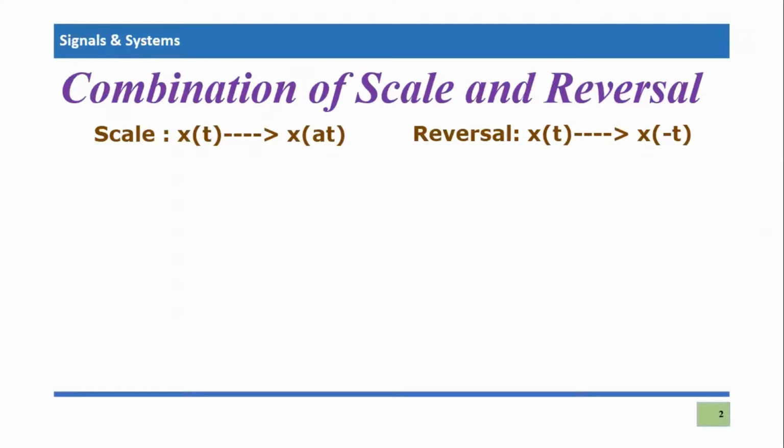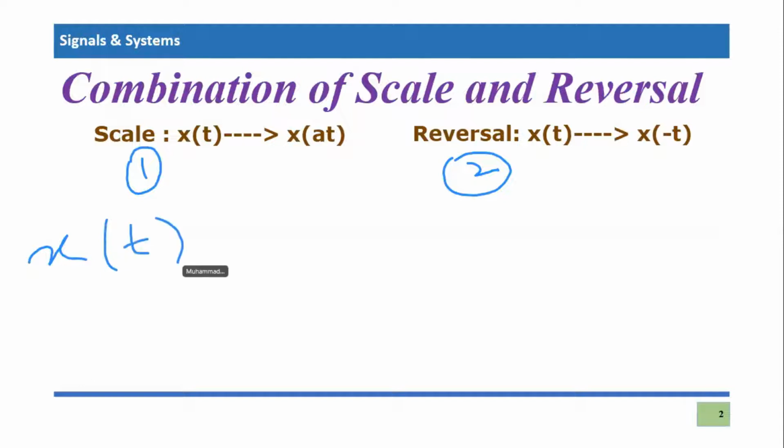Okay, in this slide, I'm going to compare the combination of the time operations, and I'm going to choose scale and reversal operations. First, let's say we are going to apply scale, and then we're going to apply time reversal. So let's say our signal is x of t. If we apply the time scale operation, it will become x of at.